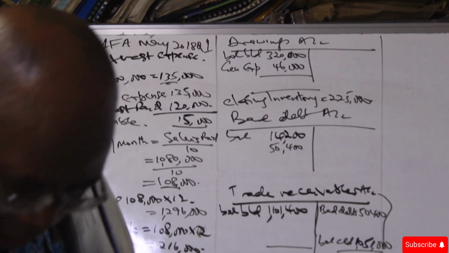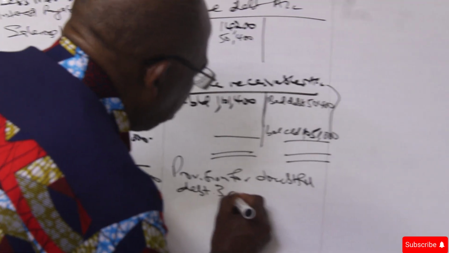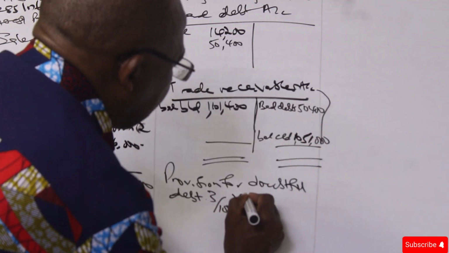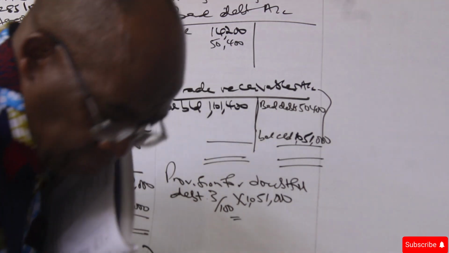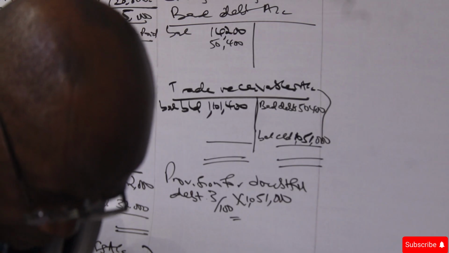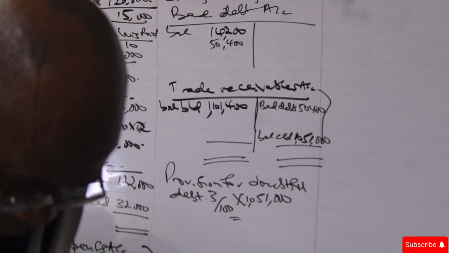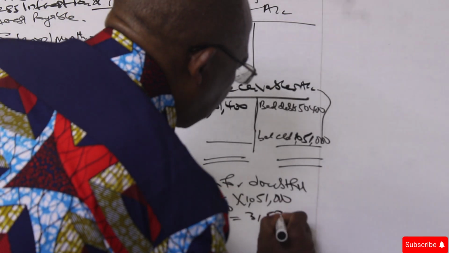And therefore we apply the rate, which will be maintained at 3% of the remaining trade receivables. So 0.03 of 1,051,000, we get a figure of 31,530.